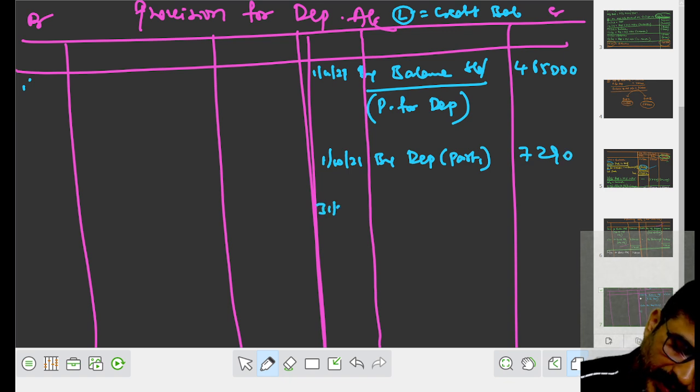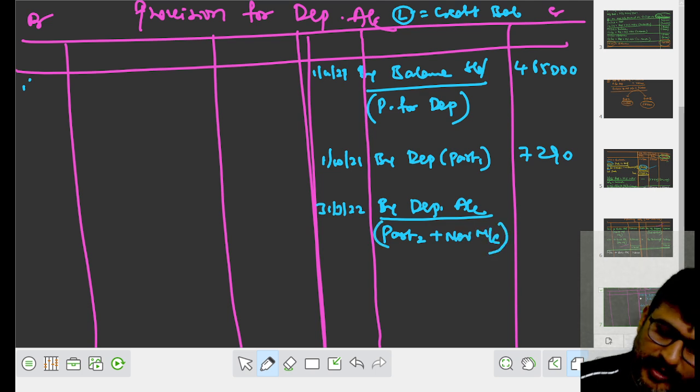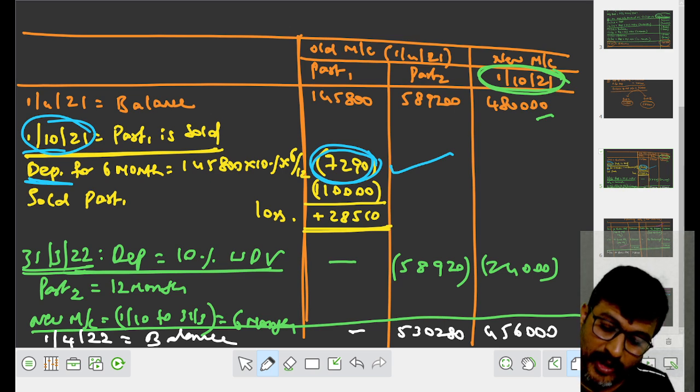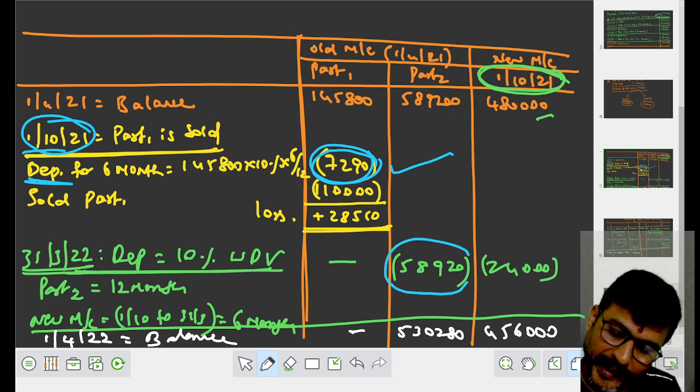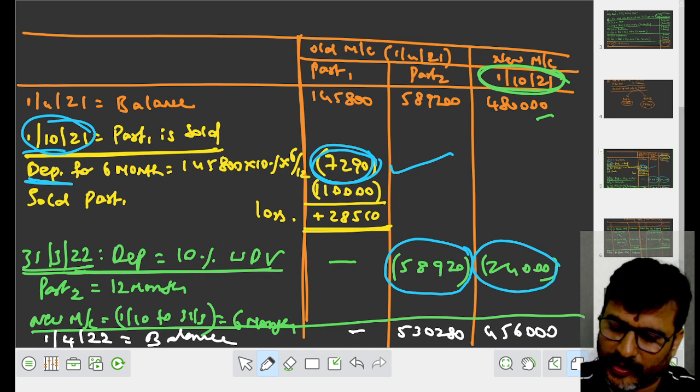Now at the end of the year, 31st March 22, by depreciation account, it is on part 2 plus new machinery. What is the depreciation on part 2? 58,920, and on new machinery it is 24,000.